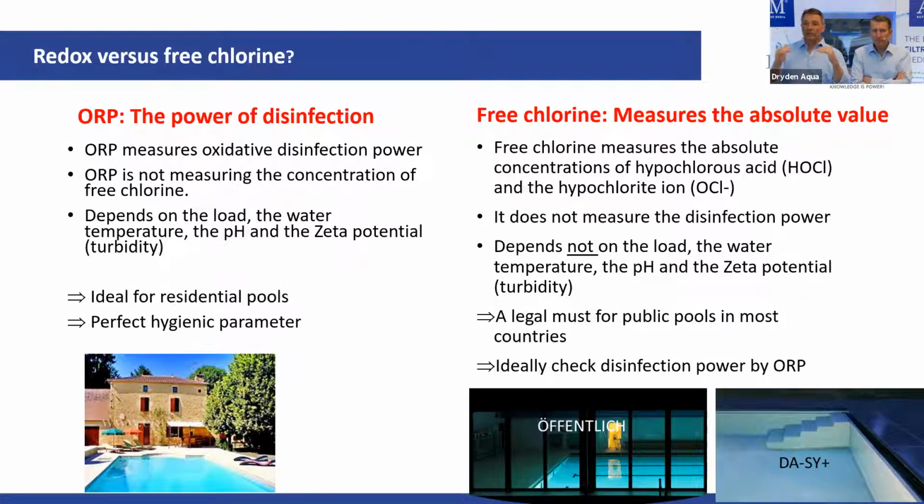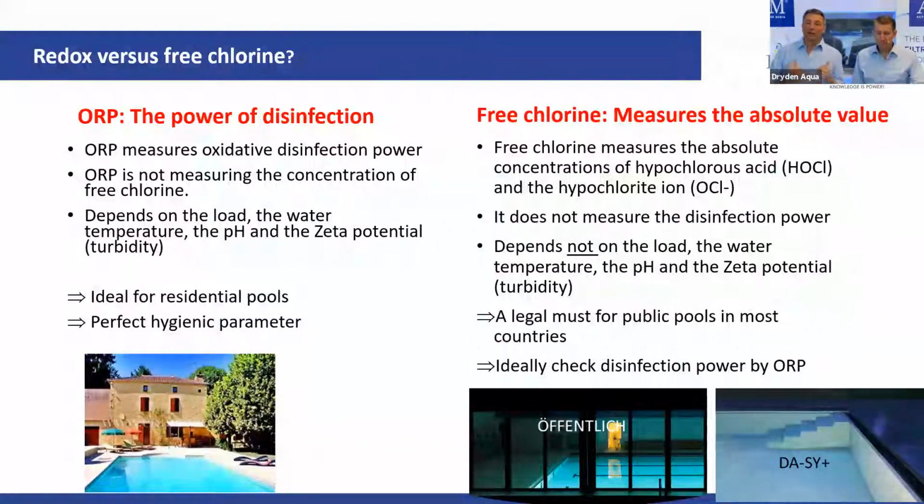That means if you control your private pool with ORP and you start in springtime when the weather is cold and maybe the pH is not yet stable, you say, okay, I go for a redox potential of 700, and maybe you measure the free chlorine manually. Maybe the free chlorine is only 0.2, 0.3.